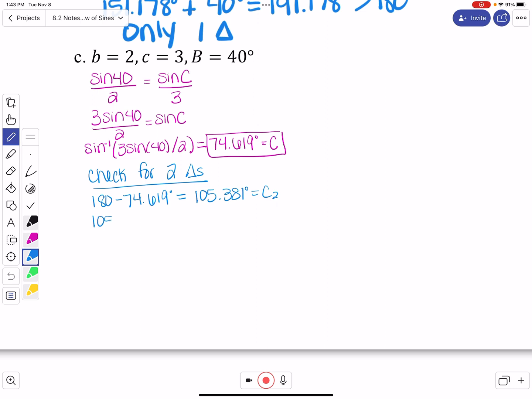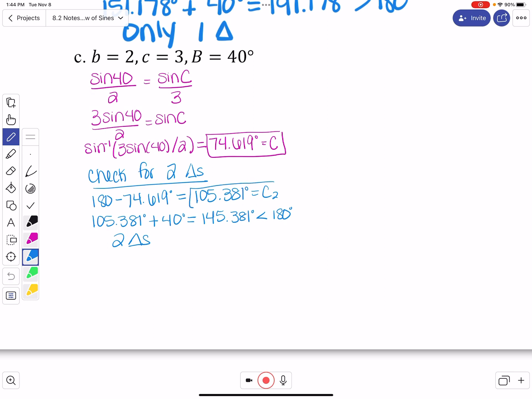So then if I do 105.381 plus 40, we get 145.381 degrees, which is less than 180 degrees, which means we do have two triangles on this one.